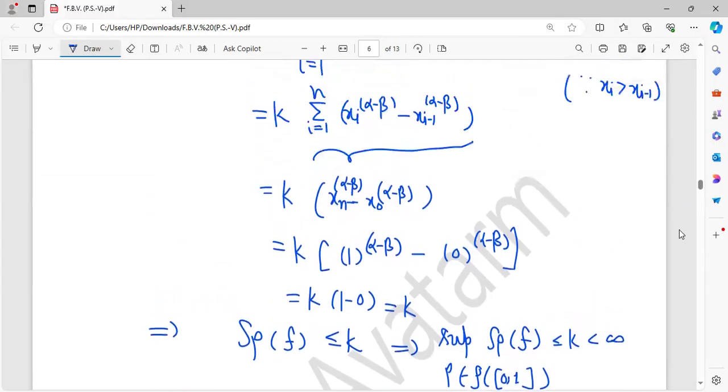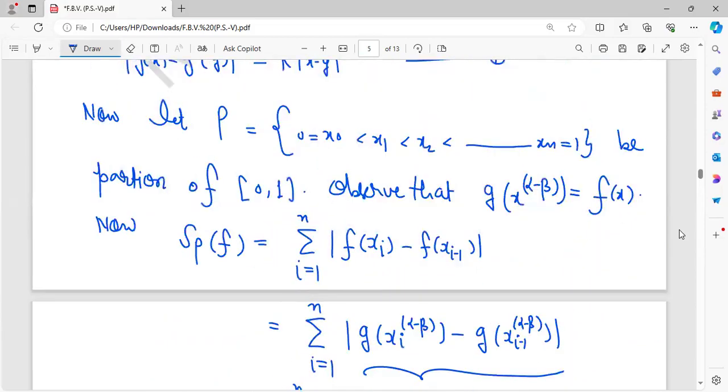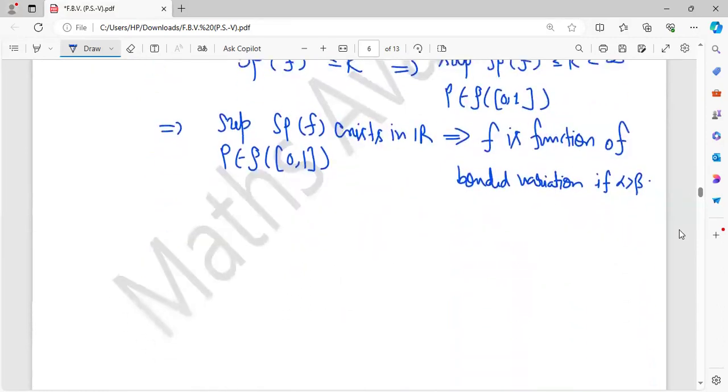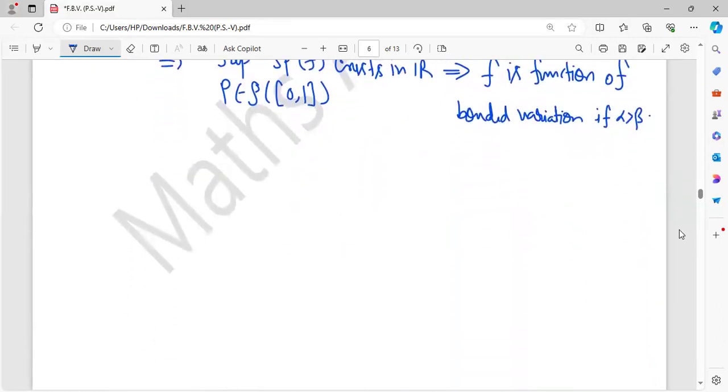We have proved that f is a function of bounded variation if alpha is greater than beta. What about the case if alpha is less than beta?